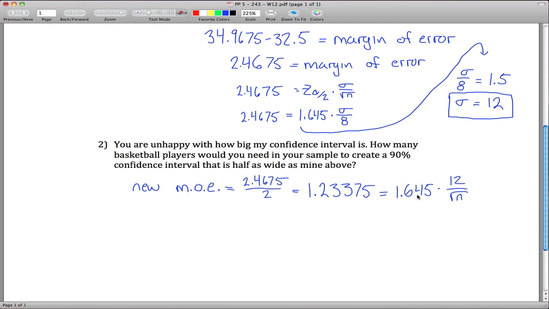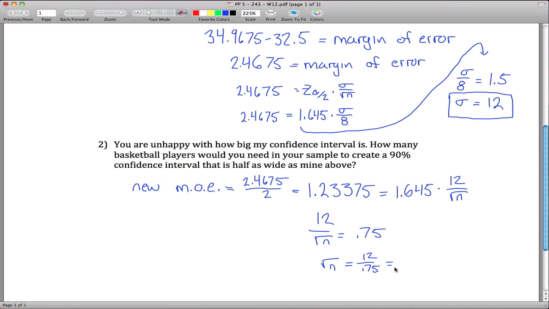But I'm going to suppose you don't see that and just solve this algebraically. So what you could do is divide both sides by 1.645. And if you do that, you get 12 divided by the square root of n is equal to 0.75. So the square root of n, if you multiply that up here and divide the 0.75 down there, is 12 divided by 0.75.